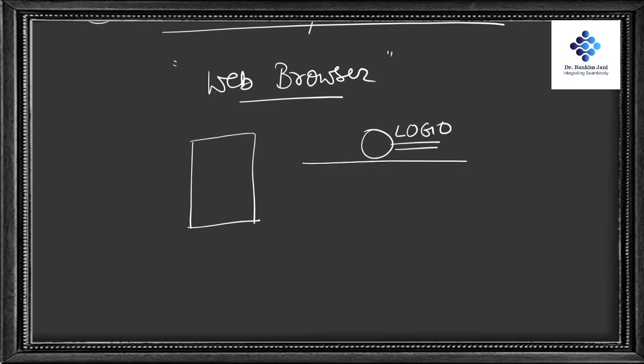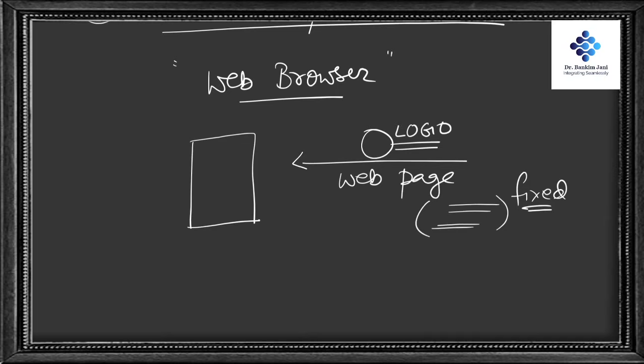Now let's say we open one specific website, and there we have a logo at one of the corners. We refresh the page, we go to the second page, the third page, but this logo is constant. So what really happens is that when we are demanding a specific web page, some of the images are fixed. The rest of the content is changing, but this logo or some specific images are fixed.